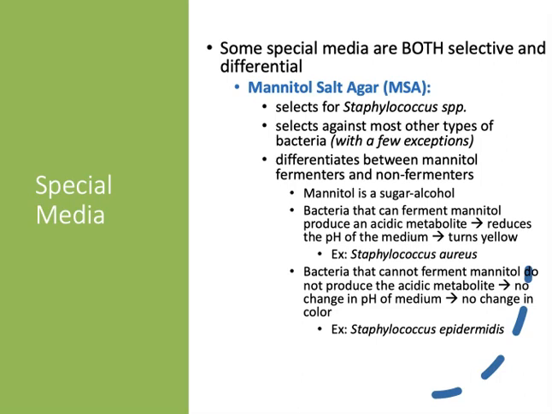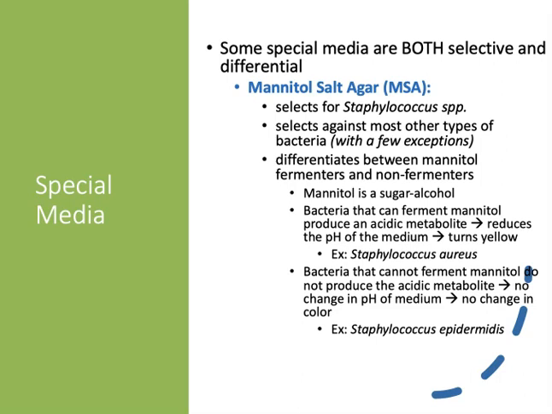Mannitol is simply a sugar alcohol, and some bacteria are able to ferment it. When bacteria ferment mannitol, they produce, again, an acidic metabolite. That acidic metabolite will accumulate in the medium, cause the pH to go down, and then cause the indicator dye in the medium to change color.